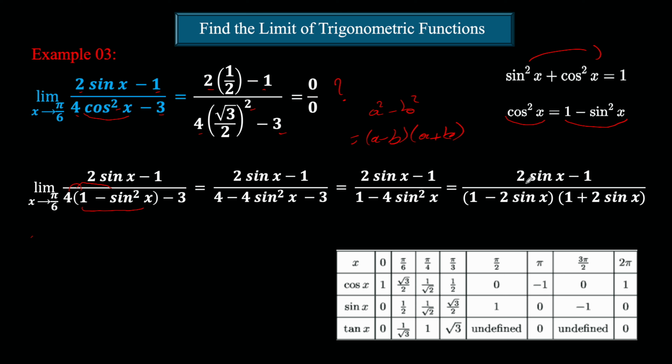So here you see we have 2 sine x minus 1, but here we have 1 minus 2 sine x. So what we need to change is to get 1 minus 2 sine x instead of 2 sine x minus 1. Why? Because we need 1 minus 2 sine x in order to say this will disappear with this, right? We have to do the division to get rid of both of them.